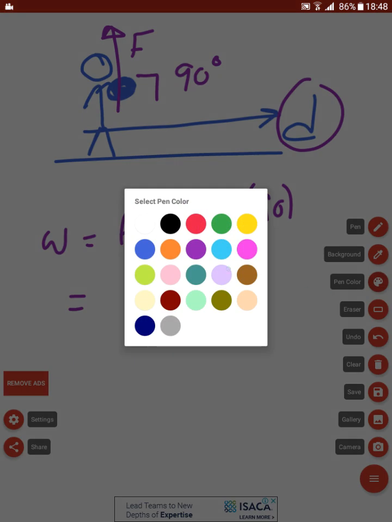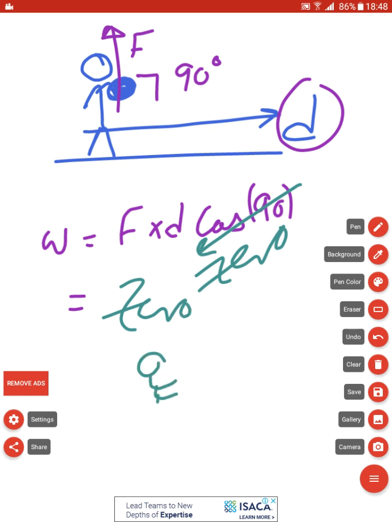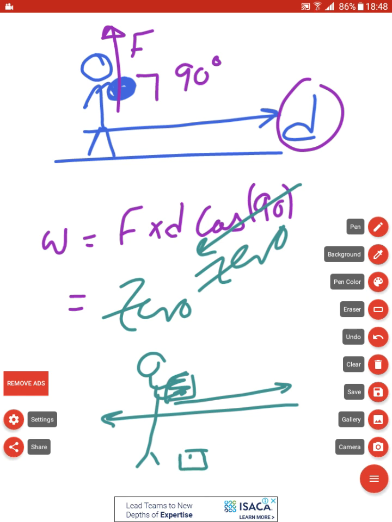Cosine 90 is 0, so the work done is 0. So if you hold an object between your hands and you move forward or backward, the work equals 0. You just do work when you move the object upward or downward, so the force is parallel to the direction of the movement.